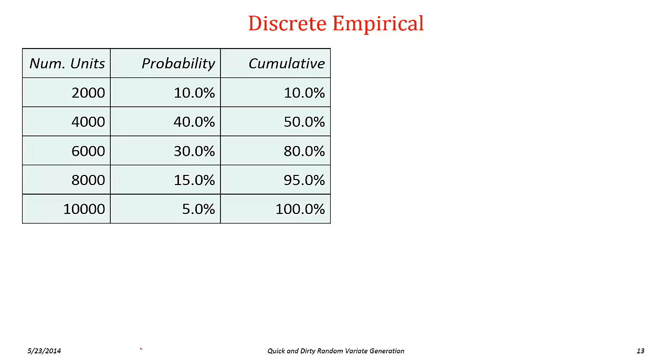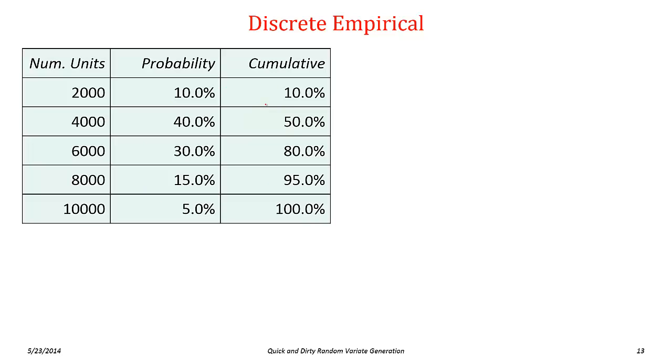The last thing that we're going to do in this video is look at how to sample values from a discrete empirical distribution. So here is a distribution of predicted demand for a new product. So consider your company's making a new product, and you're not sure what the demand is going to be, and so someone in the marketing department has provided you this empirical distribution.